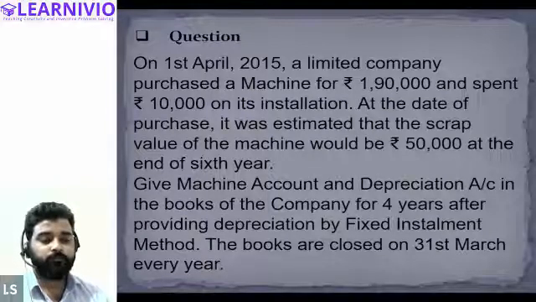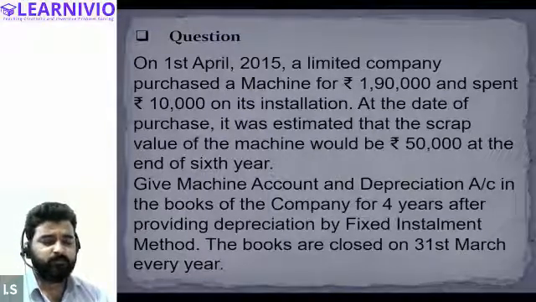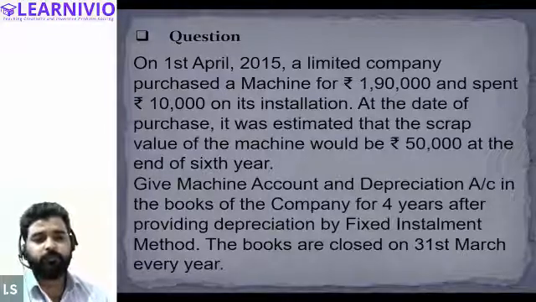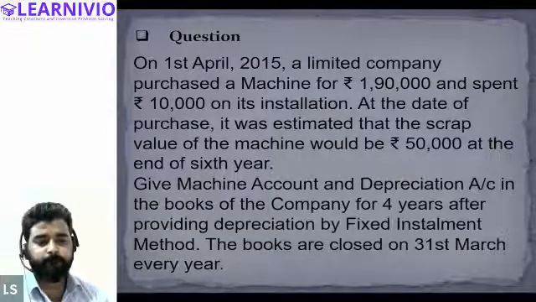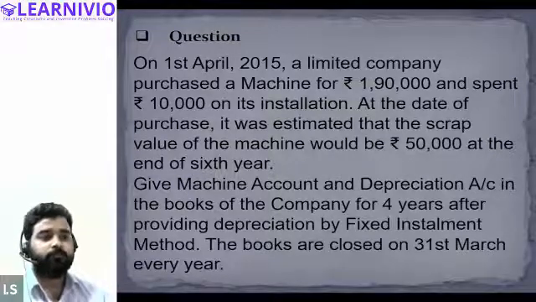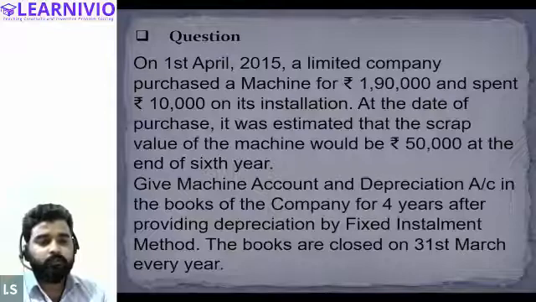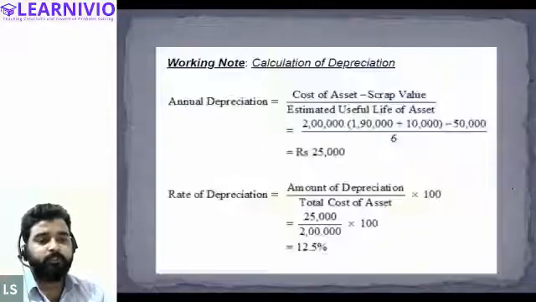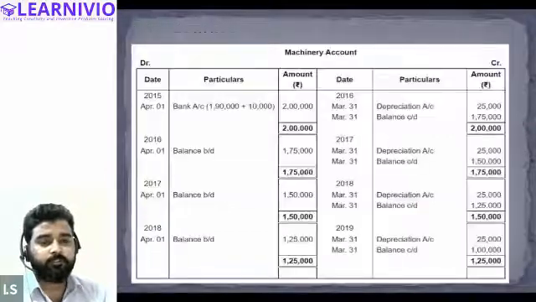So we were doing the second year, the machinery account of the second year. We have already calculated the value of depreciation in the question, which was 25,000. So I think we have made the account for 1 year.